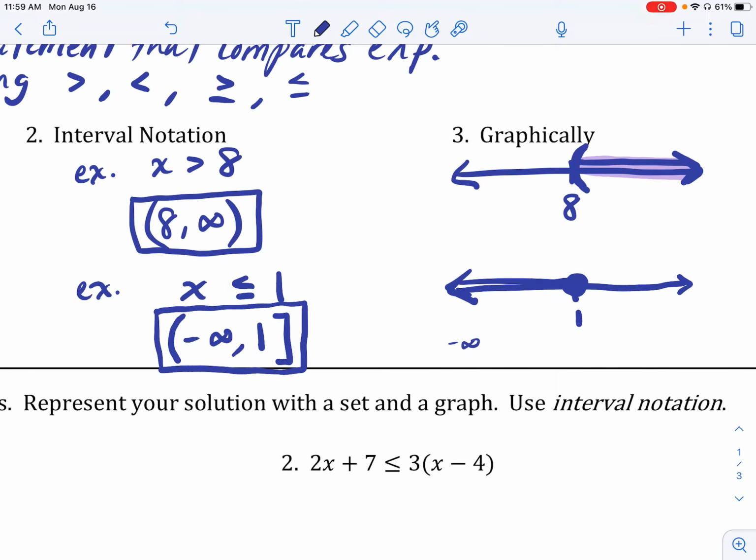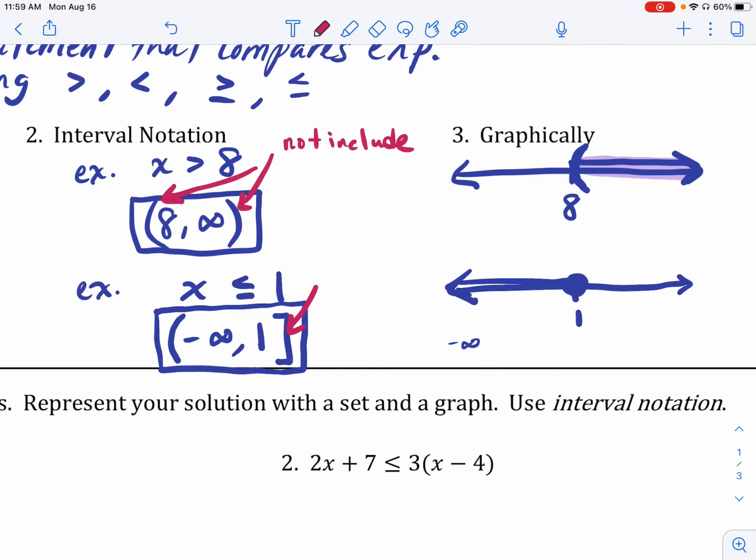Now, a couple things that we should note here. First off, when do we use a parentheses and when do we use brackets? Parentheses is when we don't include that number. So in this previous example here, we are not including 8, right? We're not including 8 as part of our solution set. That is to say, 8 is not greater than 8.